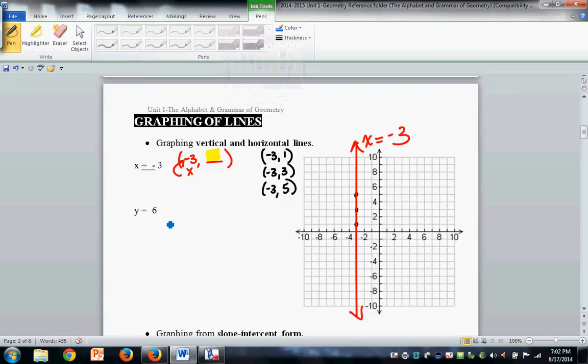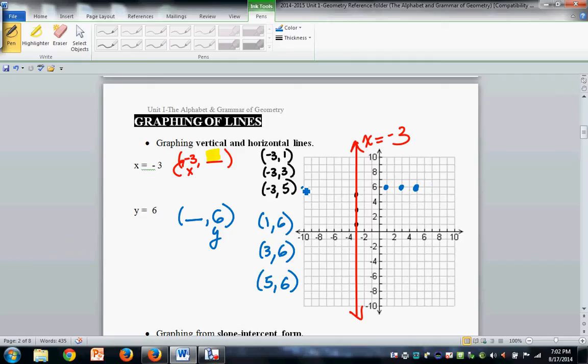Now let's try a horizontal line. y equals 6. This is all the points where there's a something and then a 6 in the y-coordinate. Again, the easiest way to do this is just graph a bunch of points. So let's graph 1, 6, 3, 6, and 5, 6.